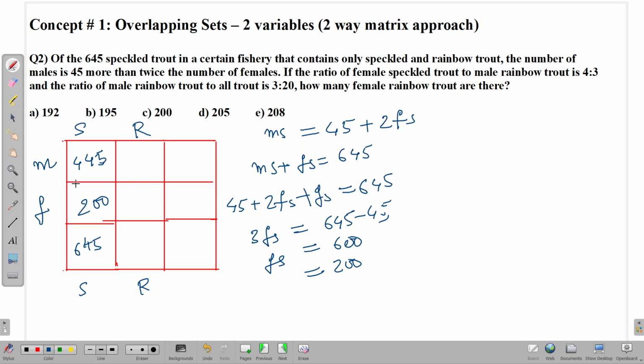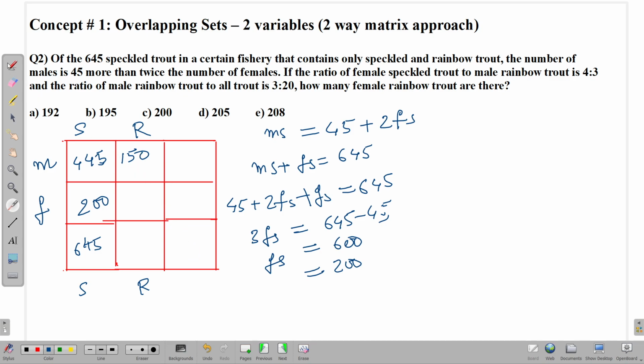My next equation tells me that the ratio of female speckled trout, that is this, to male rainbow is 4:3. That means this has to be 150. And the male rainbow to all of it, keep in mind, male rainbow to all of it is what?